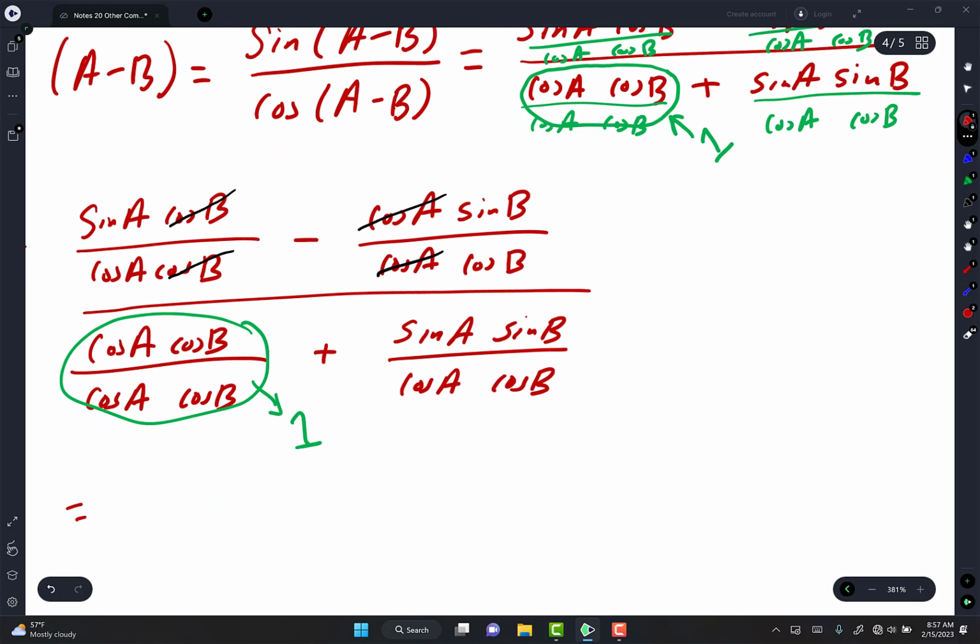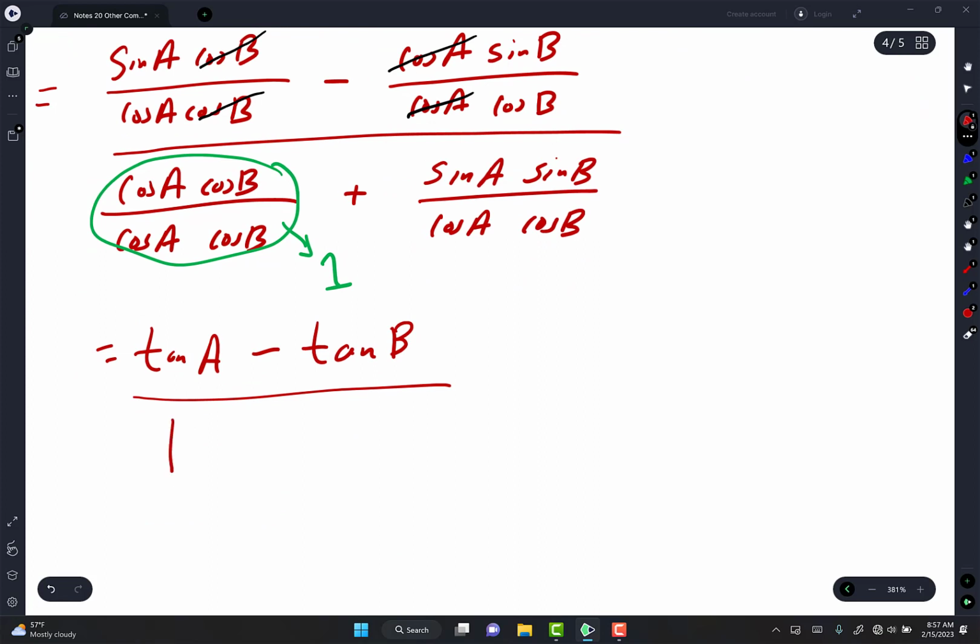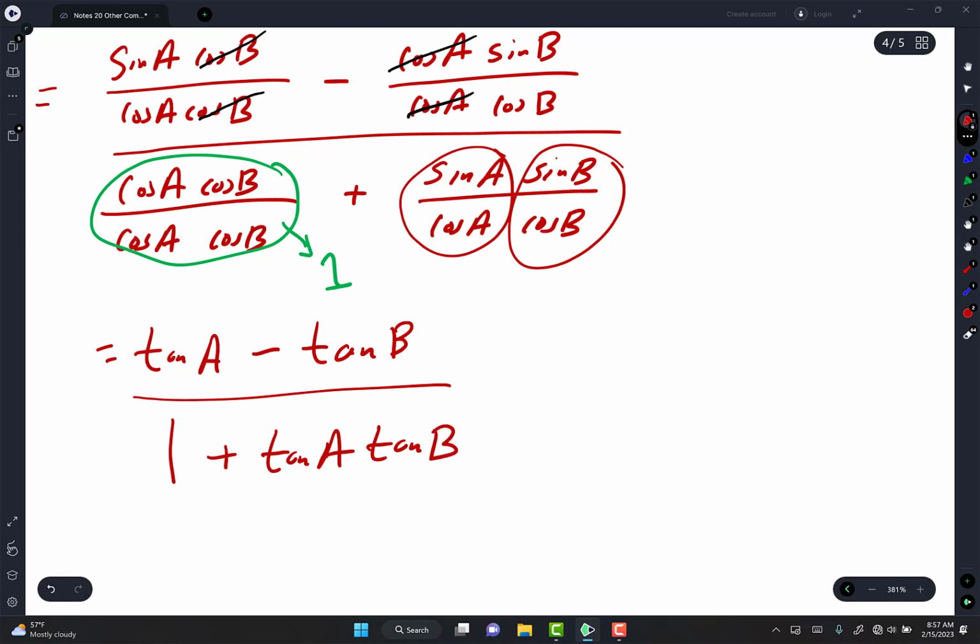What is sine A over cosine A? That's the same thing as, such letter T, tan, that same argument, tan A, minus, what is sine B over cosine B? Yeah, tan of that argument, tan of B, over, and it's all good, no worries, 1 plus, and again, look, sine A over cosine A, that's tan A, and sine B over cosine B, that's tan B. And there it is, guys.